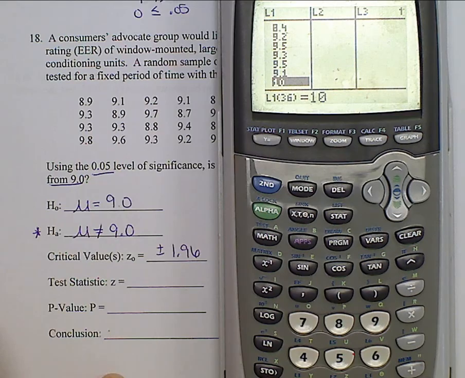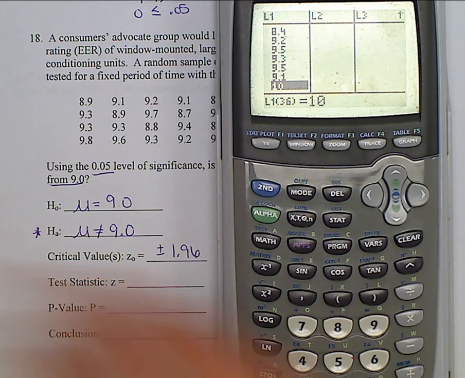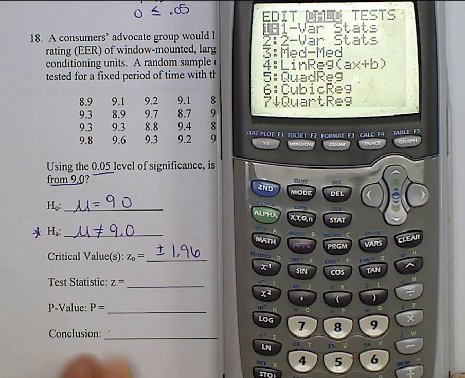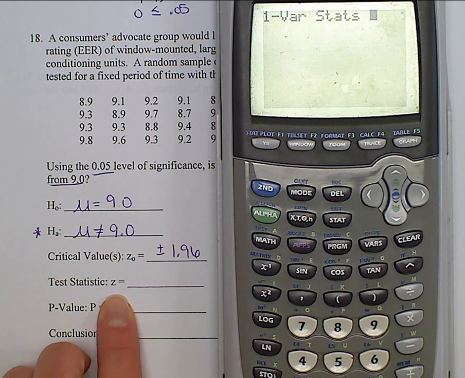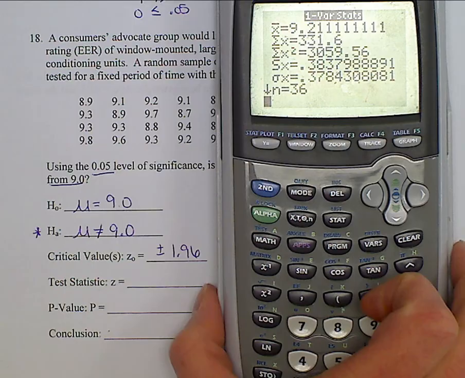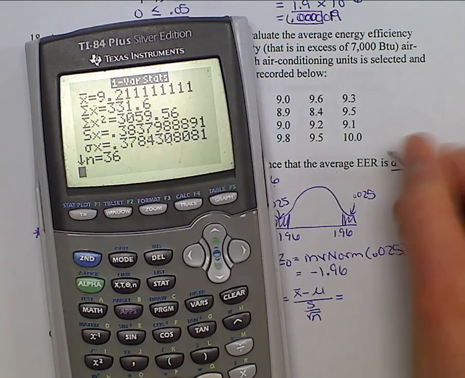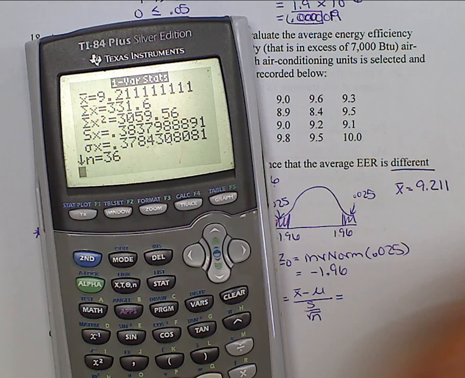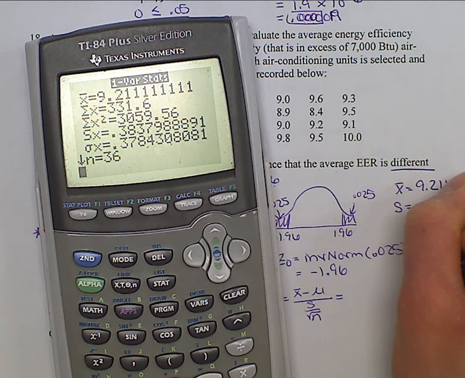Then once you have all 36 numbers entered, you are going to go to Stat, Calculate, 1-Var Stats, and you can hit Enter if you're in list 1. And we need our sample mean, which is 9.211, or 1 repeating. And then our standard deviation is 0.384. If we go to 3 decimal places, we'll be fine.